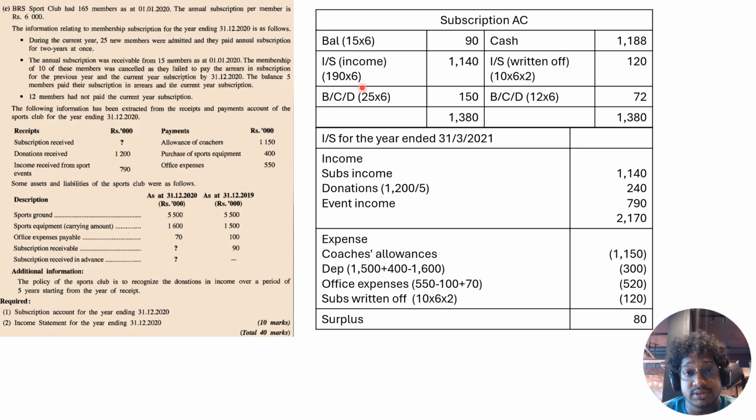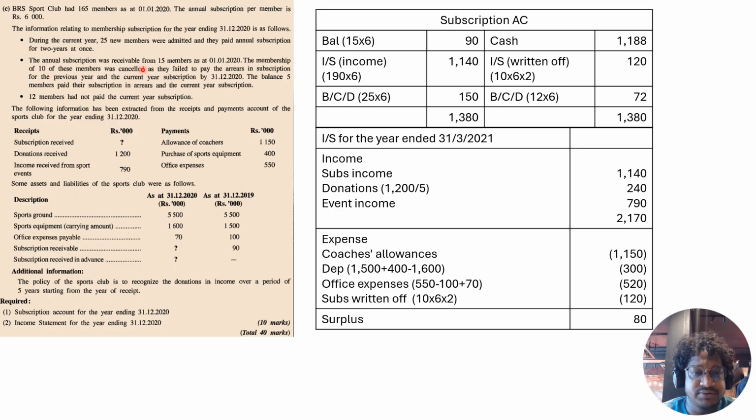Your total subscription income that you have to identify is 1,140. So that amount you should debit to the subscription account, and you have to identify that as subscription income 1,140. So the double entry of that is income statement credit, subscription account debit.